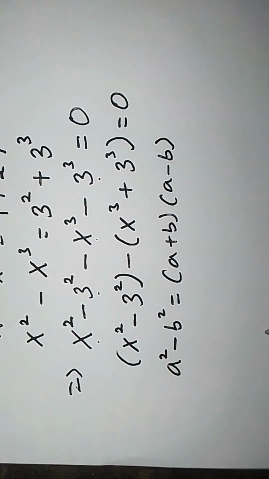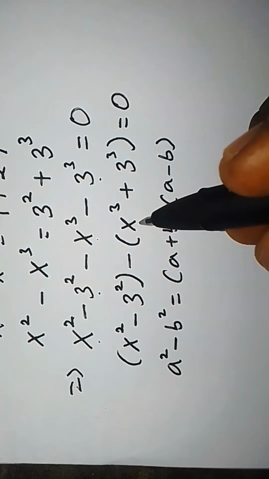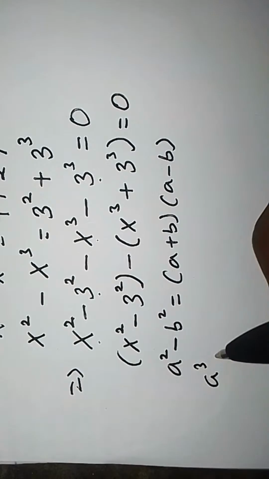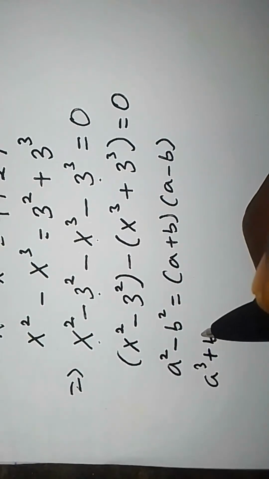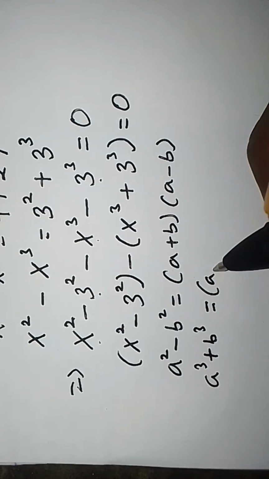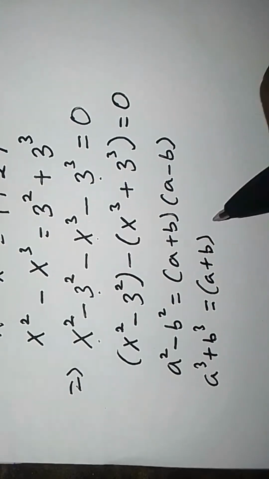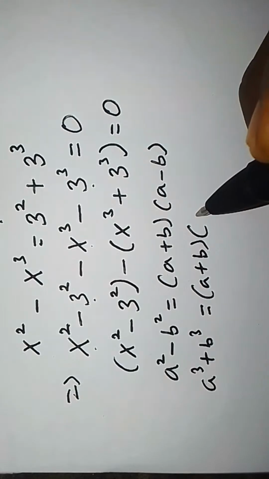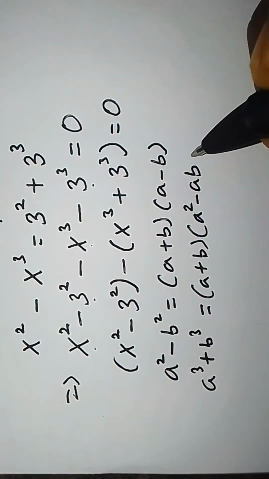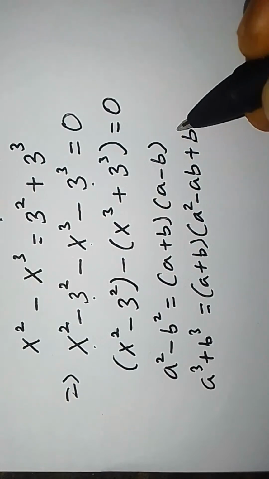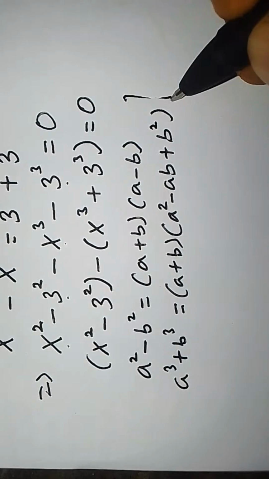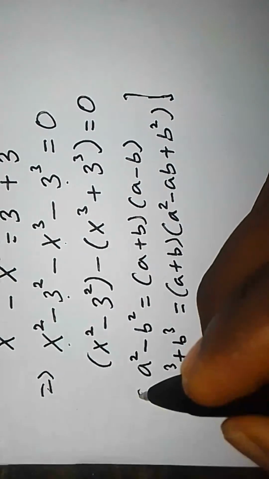The second identity is sum of two cubes: a to the power of 3 plus b to the power of 3 is equal to a plus b times a squared minus ab plus b squared. Take note of these two identities, very important.